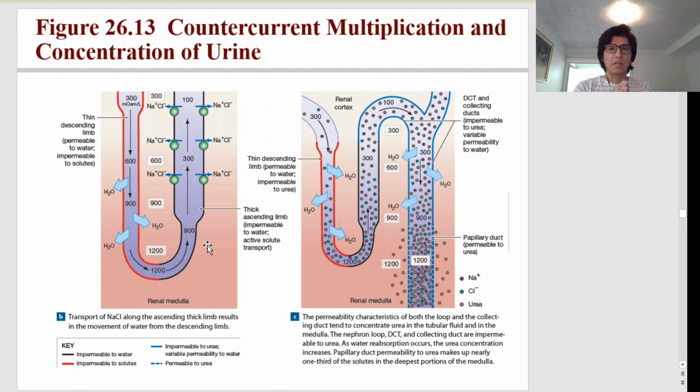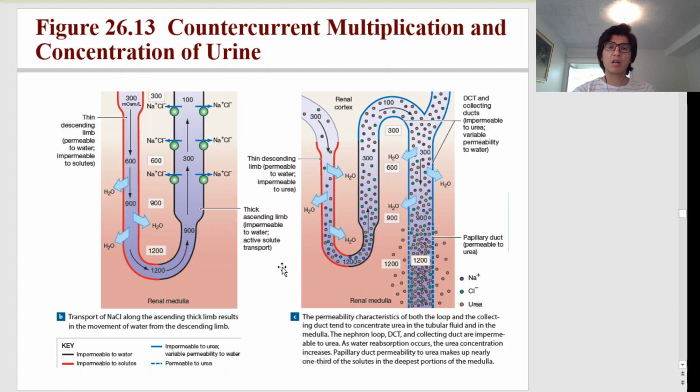In this case, water is most concentrated inside of the filtrate, inside of this tube, and that is because of all of the sodium chloride that's present here in the interstitial space. So water is naturally flowing outside of the descending limb, and eventually this water is reabsorbed by the vasa recta and blood vessels that are surrounding this.